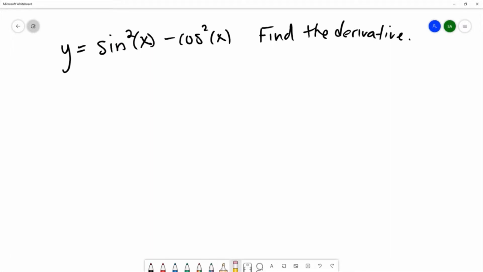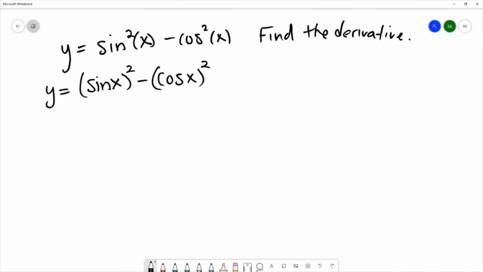We want to find the derivative in this example, and our function is y equals sine squared x minus cosine squared x. The first thing I want to do is rewrite my trig function so that it's sine of x squared. The reason why I do this is because it helps me recognize how to apply the chain rule properly.